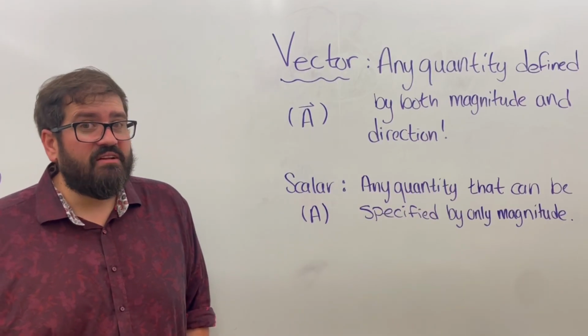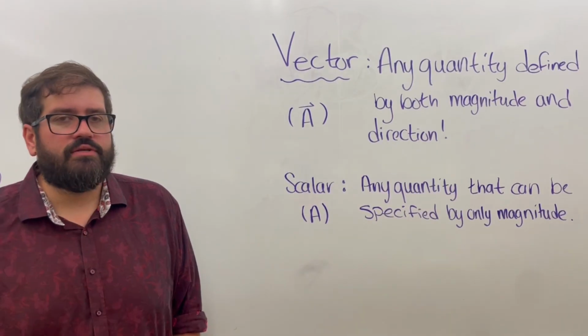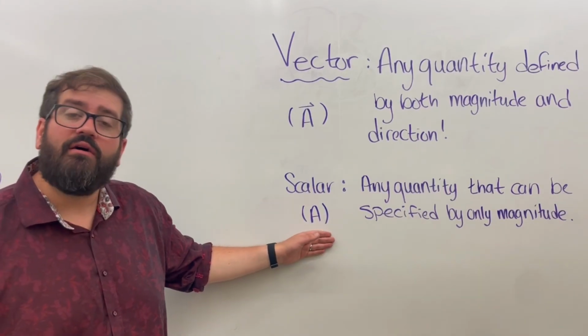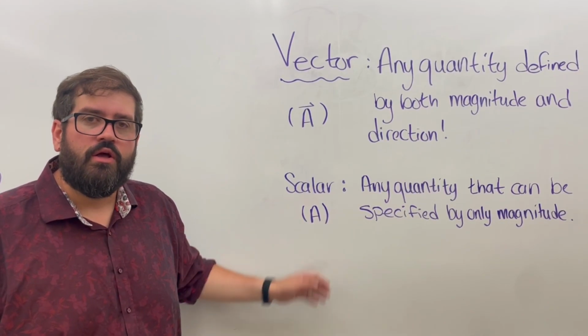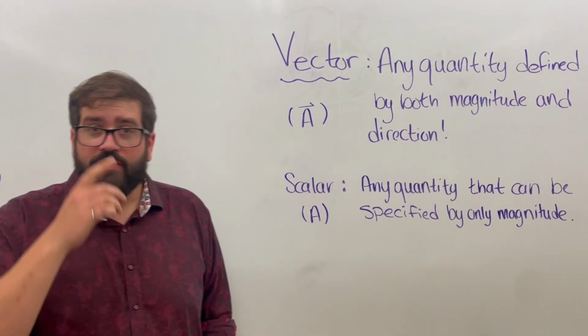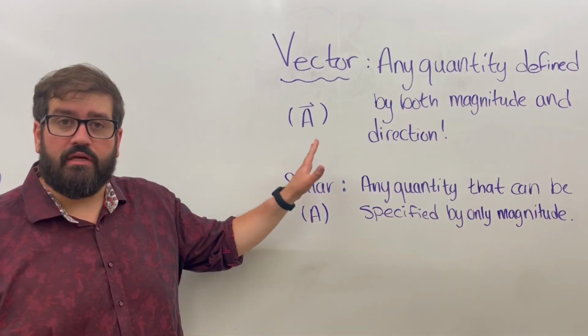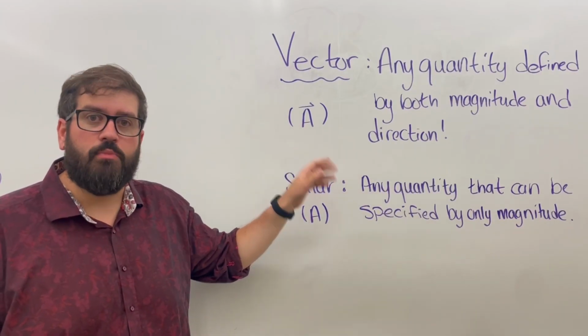That -5 meters per second is not smaller than the +5 meters per second in the same way it would have been for a scalar quantity. So just be mindful when dealing with vectors of what positive and negative mean. They simply mean direction, which way it is pointing.